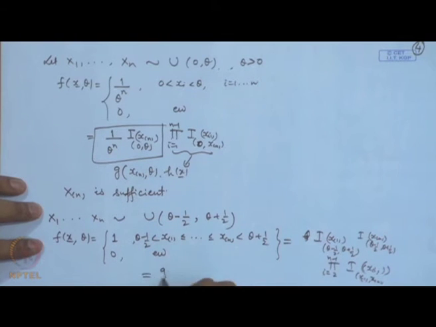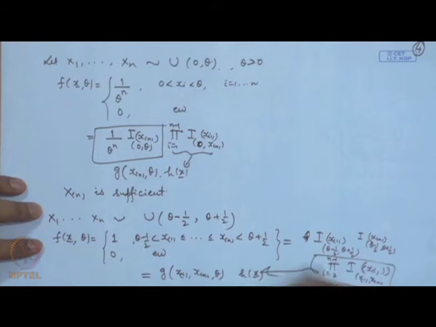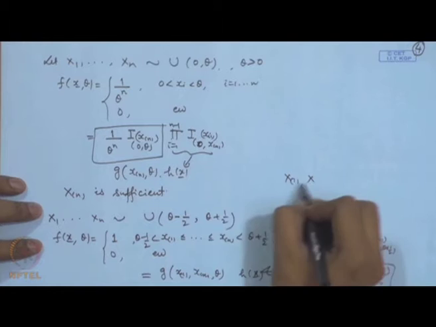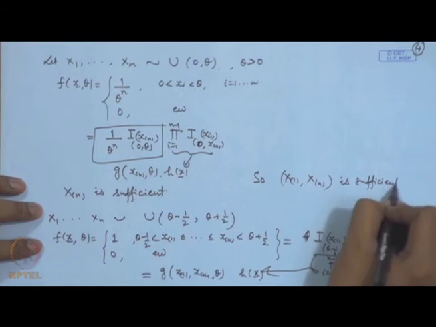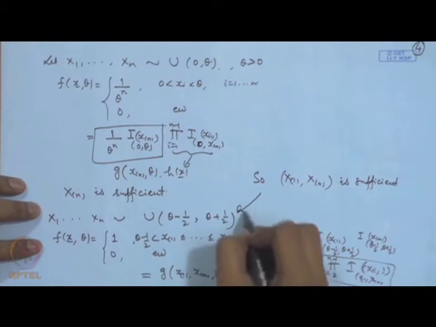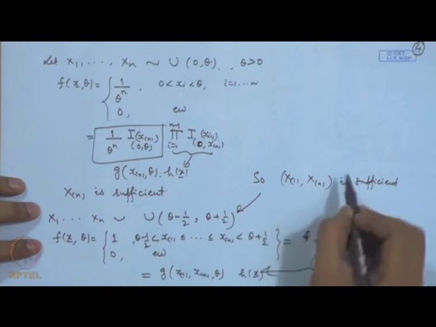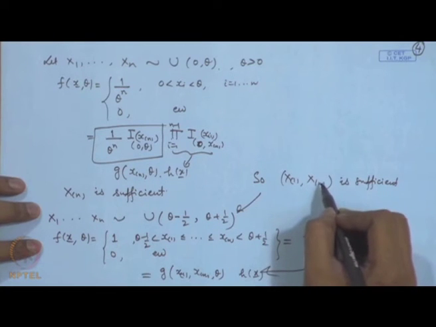So, you can see it is a function of x 1, x n, theta, into h x. This part is h x and this part is a function of x 1, x n and theta. So, here x 1, x n is sufficient. Although the parameter remains one dimensional here, the order statistics contain two terms.